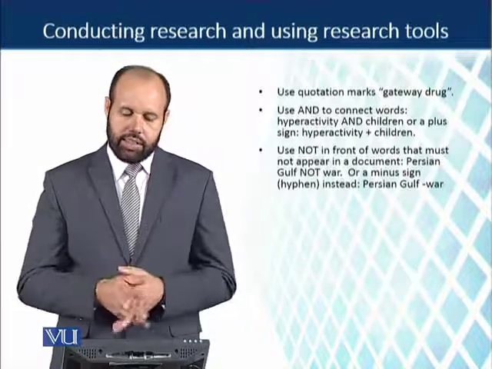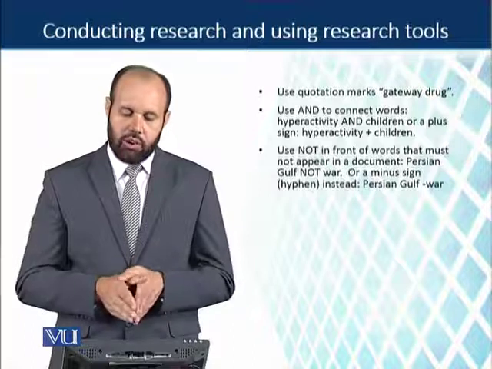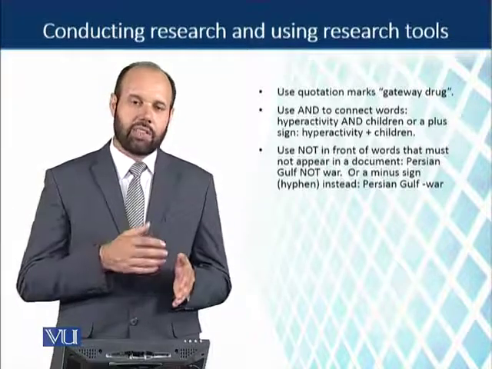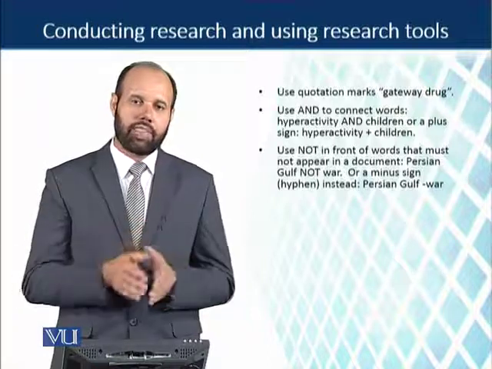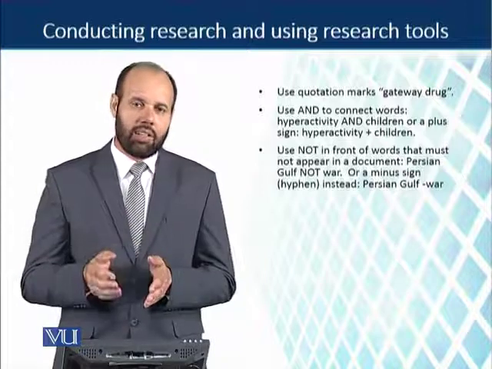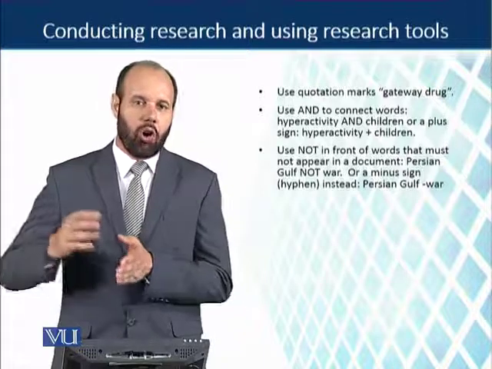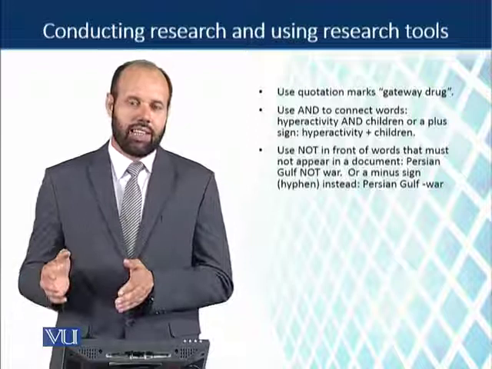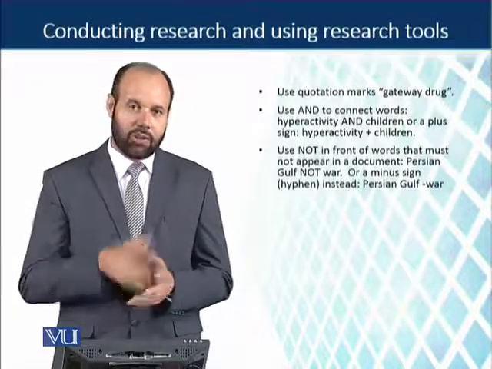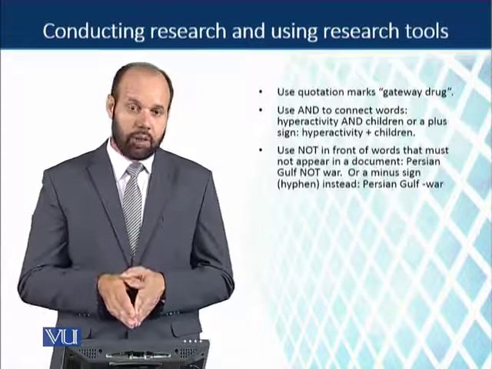In this case, you are looking for Persian Gulf, not war. So the information coming up from the databases would include the phrase Persian Gulf, but without war. War will not be part of the information search. Okay. So that NOT is really important in this context when you are looking for information.